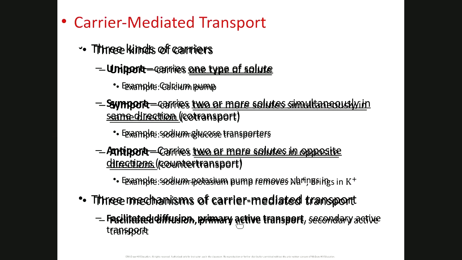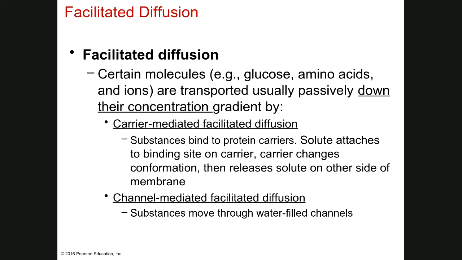An example of carrier-mediated transport that is also considered primary active transport is the sodium-potassium pump, because active transport requires energy. Then there's secondary active transport, which we're really not going to get into. It's a little more complicated. Again, you should do that next semester.